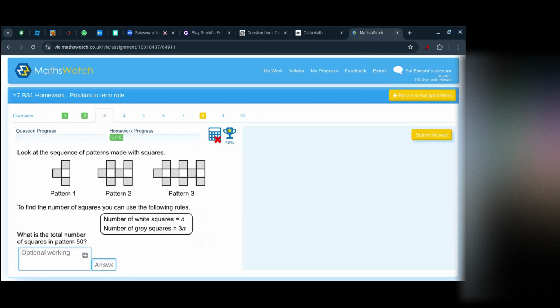Look at finding the number of squares. The number of white squares is equal to n. Pattern 50. So basically 50 times 4, which is 200.